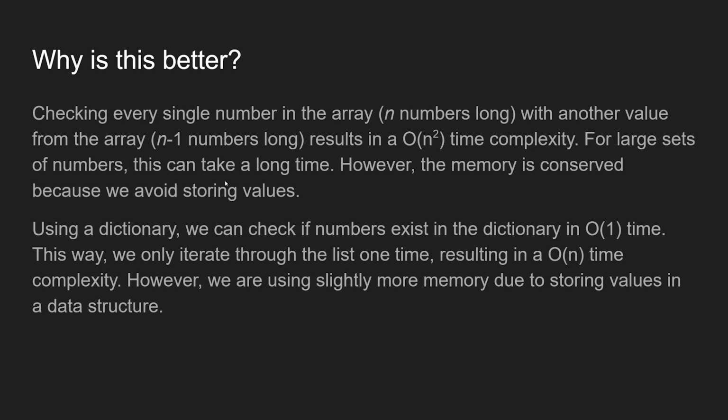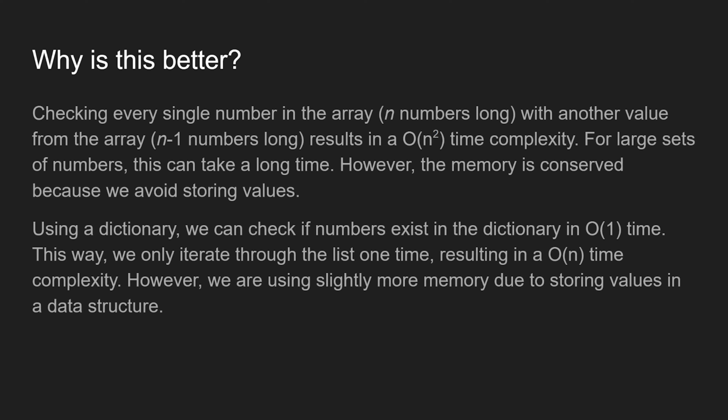But using a dictionary, we can check if a number exists in the dictionary in constant time. And we can also add a key value pair into the dictionary in constant time. So when using a dictionary, you only have to iterate through the list one time instead of having a double loop.